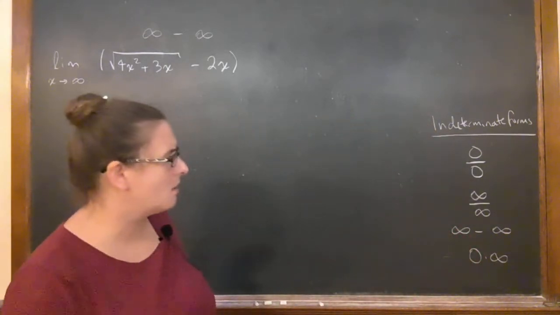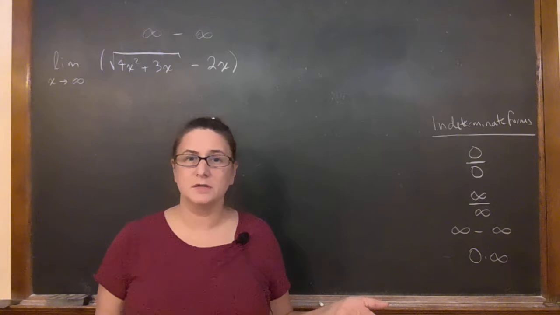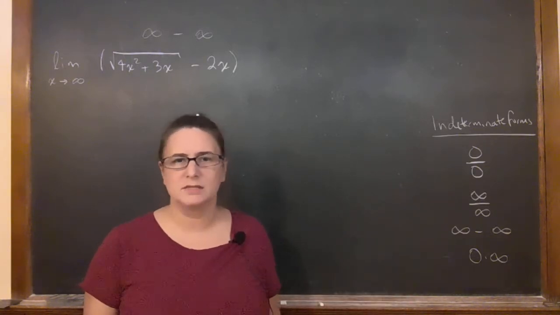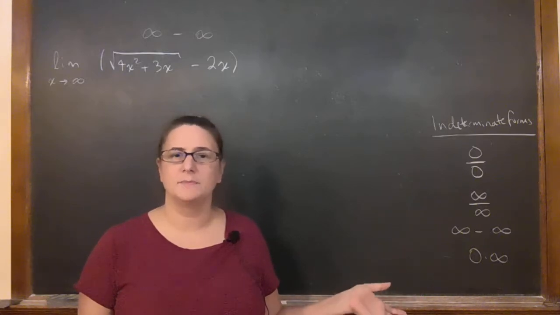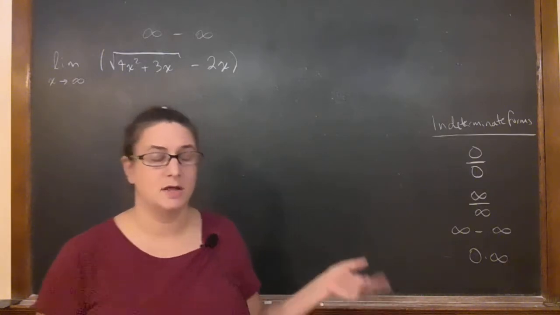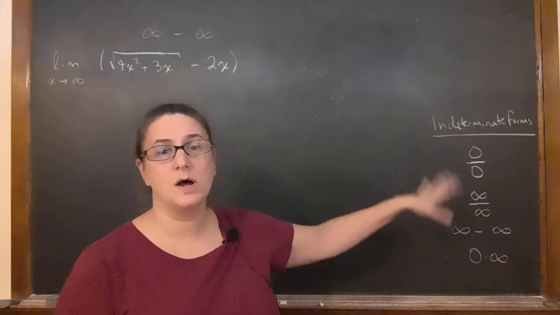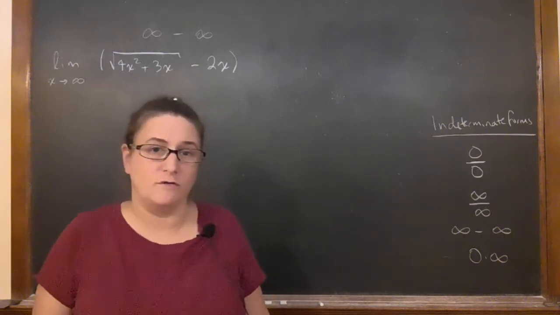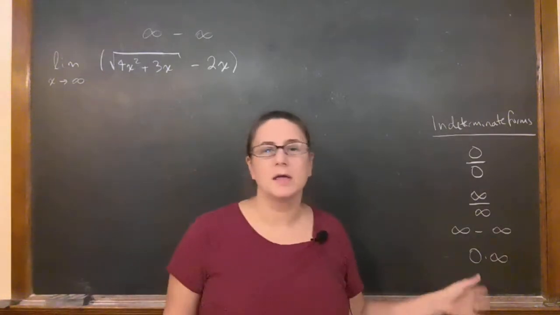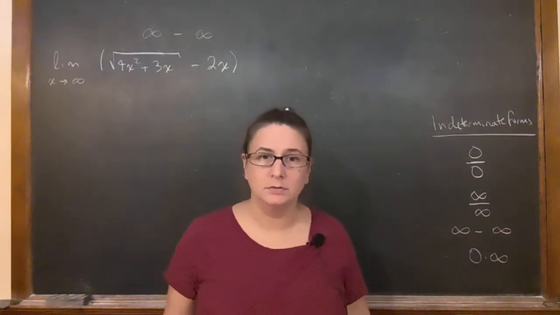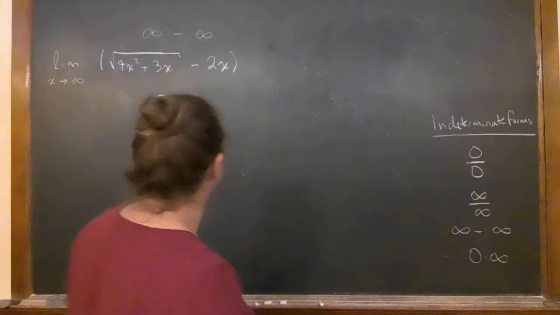So those are all four that we'll see fairly often. There's some weird ones like infinity to 0 and stuff like that that we won't really be working with much in this class. But these are the four main ones that just sort of pop up naturally. When you see those, it means I need to do more work. That's what it means, because you don't know what it's doing.